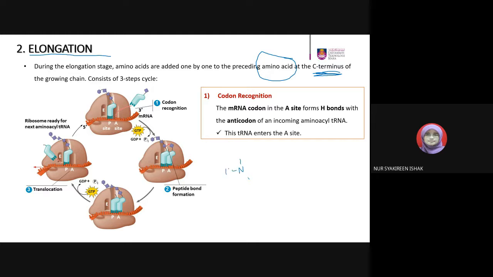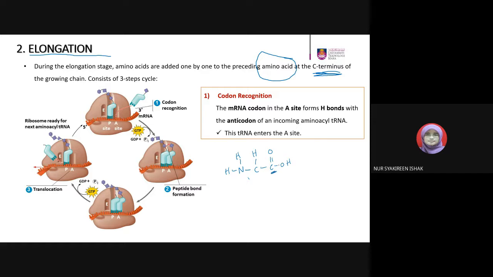And this is an amino acid, right? H, C, double bond, OH. So this is an amino acid. You remember, right? It says here that during the elongation stage, amino acids are added one by one to the preceding amino acid at the C terminus here.